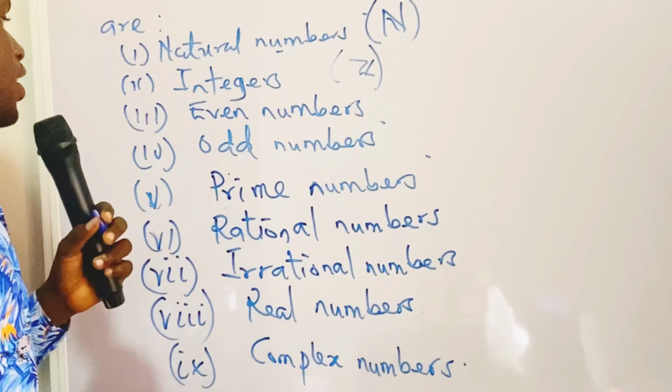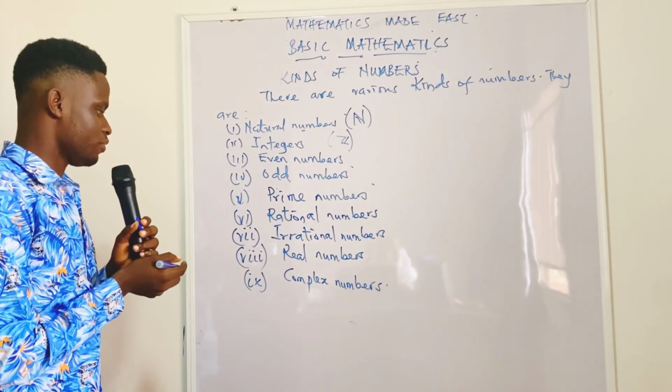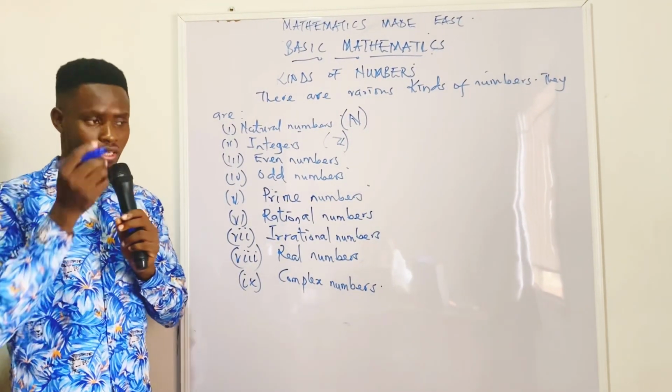So we have natural numbers, integers, even, prime, rational, irrational, real and complex numbers.